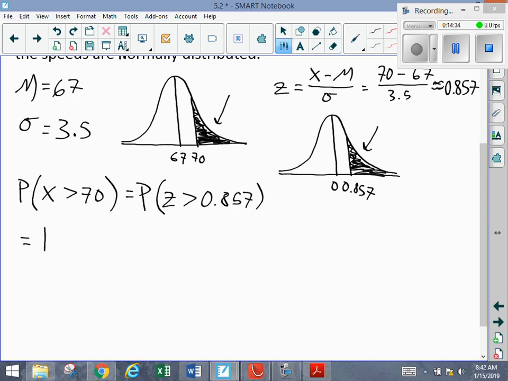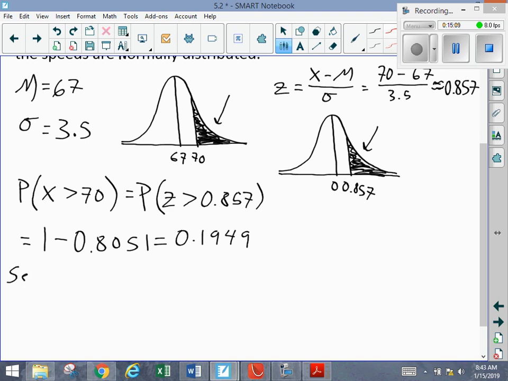You got to subtract it from 1 in order to get the shaded area to the right. 0.8051, which turns out to be 0.1949. Wow, my bad. Alright, so this is the first way to do it.